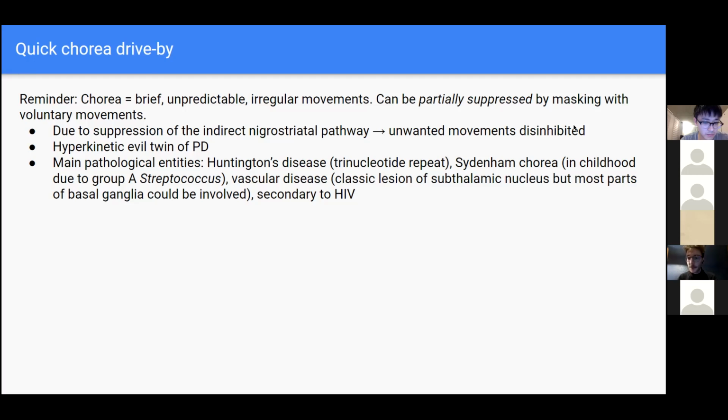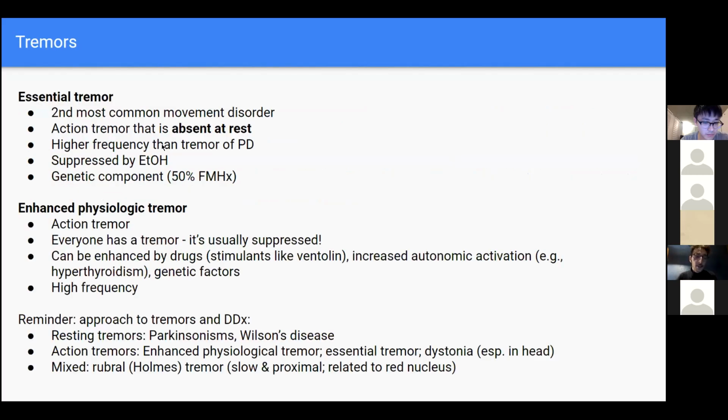All right, cool. Okay, so next on to tremors. I don't think this is the highest yield for your exam, but distinguishing between essential versus enhanced physiologic tremor is very important, and also knowing the difference between these tremors and Parkinsonian tremors. Remember that Parkinsonian tremors are rest tremors, whereas essential and enhanced physiologic tremors are active tremors.